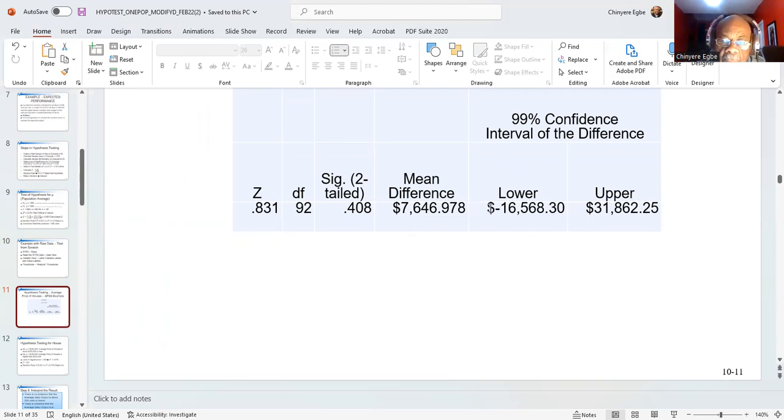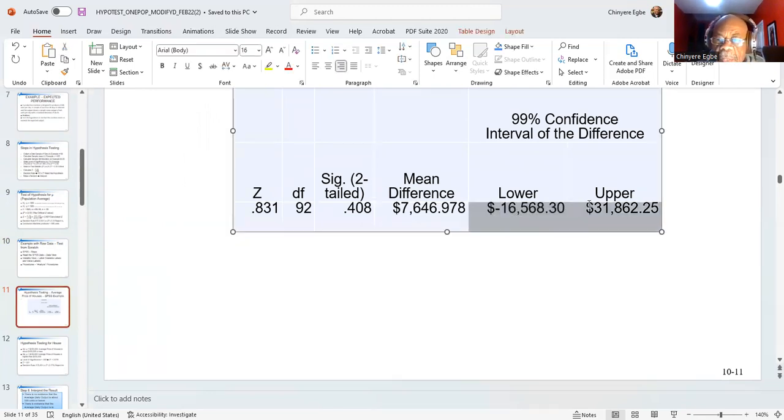As you can see, and let us emphasize this. If you have an SPSS printout and you have a confidence interval, and that confidence interval goes from negative to positive, then what is the conclusion? The conclusion is that you are not able to reject the null hypothesis.